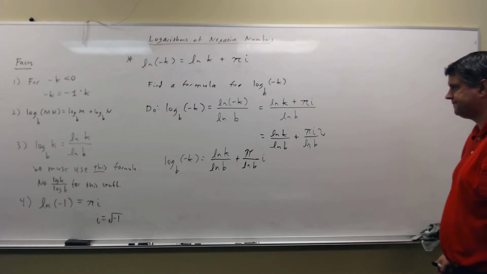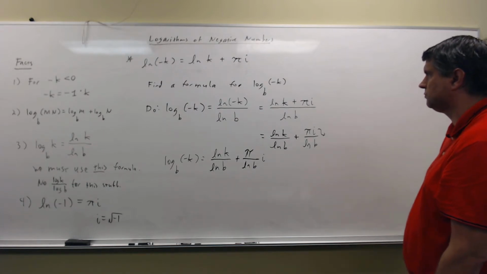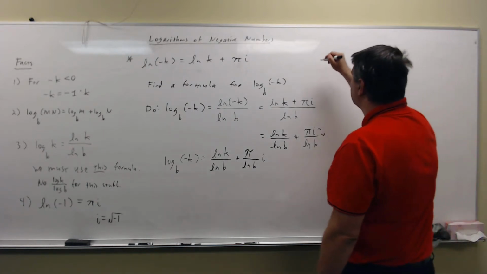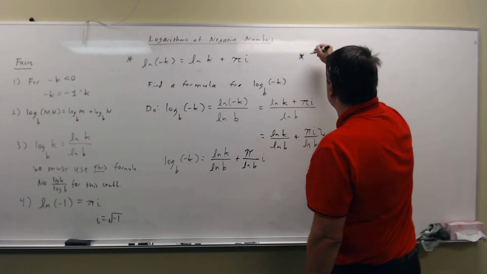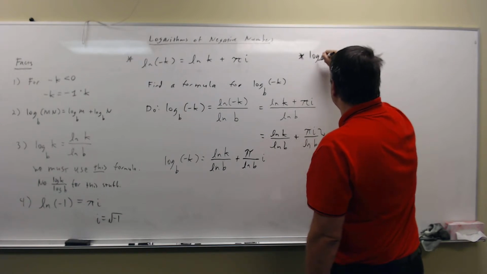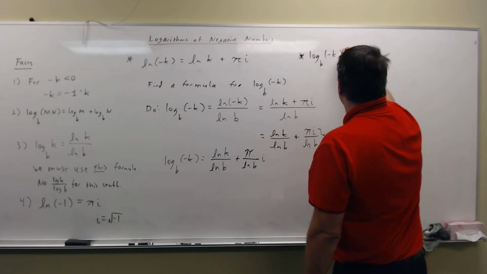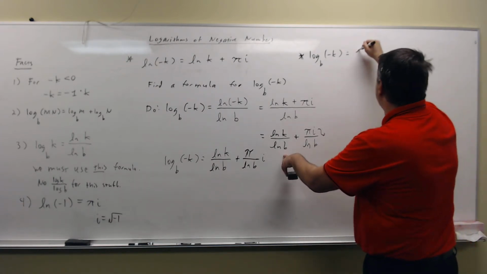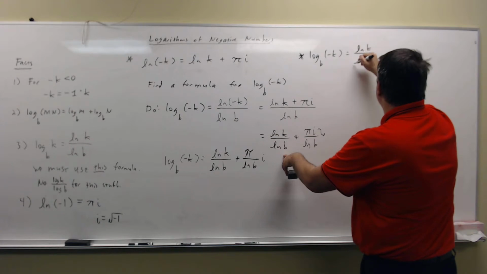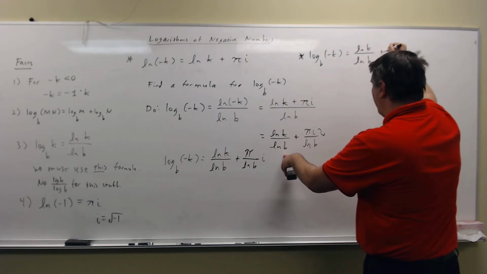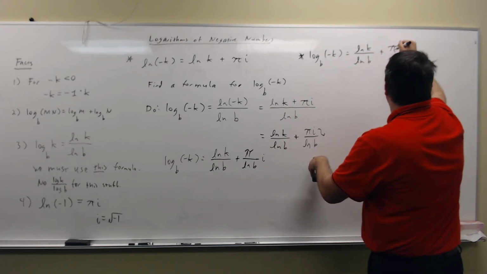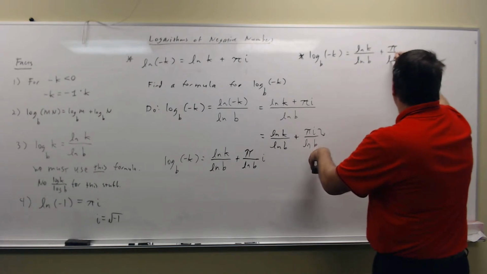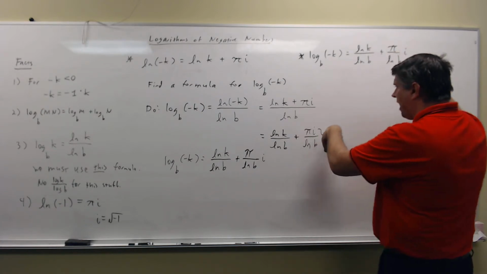That's it. So that's log base b of negative k: the natural log of k over the natural log of b plus pi over the natural log of b, and I factored the i out of the numerator.